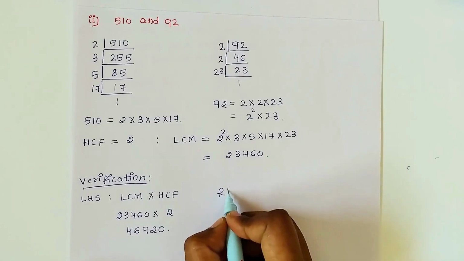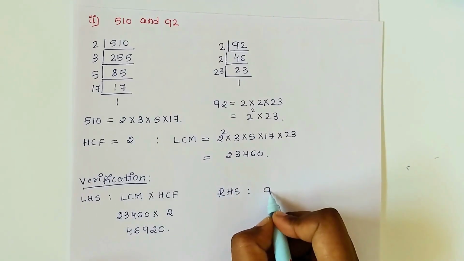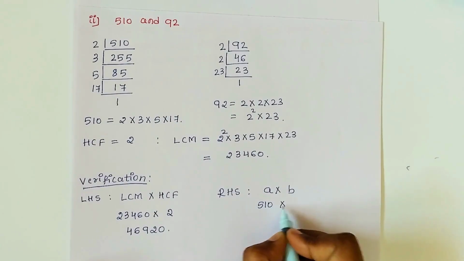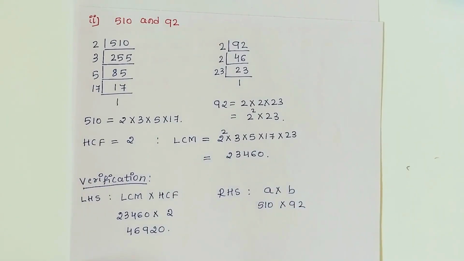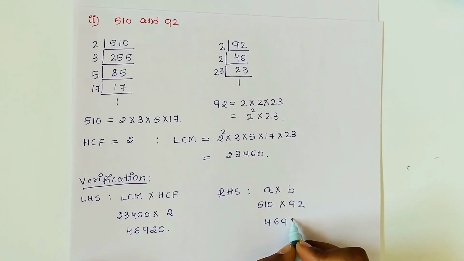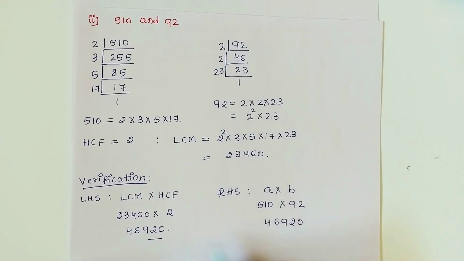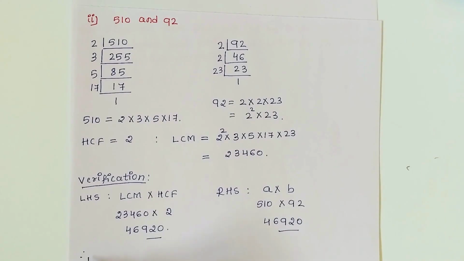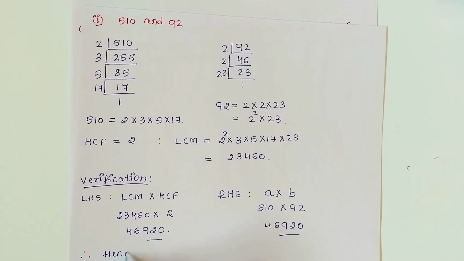Now consider the RHS part, the product of those two numbers. The first number is 510 and the second number is 92. If we multiply these two, again I'll get 46,920. See, the LHS and RHS parts are both equal. So, hence the relation is verified.